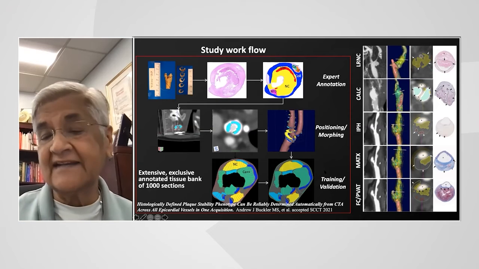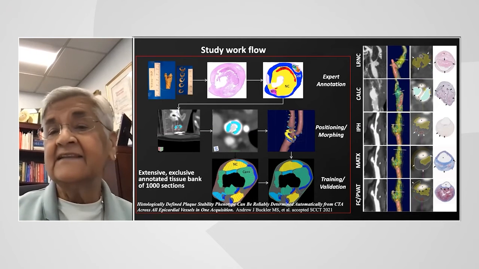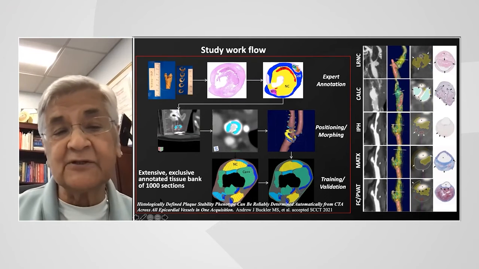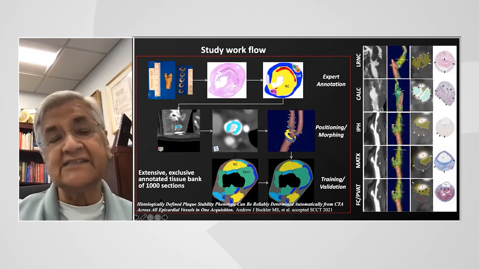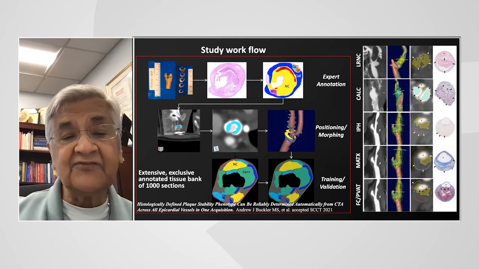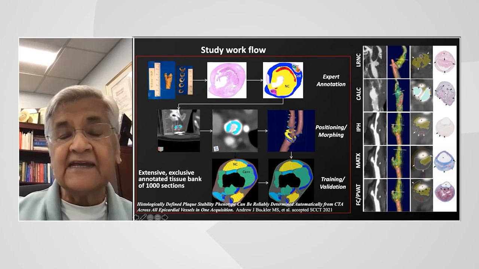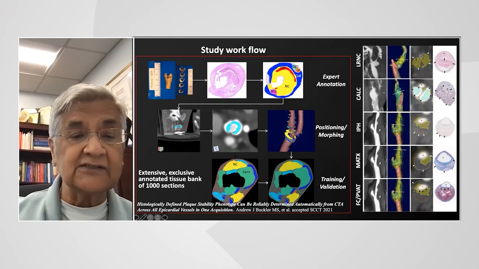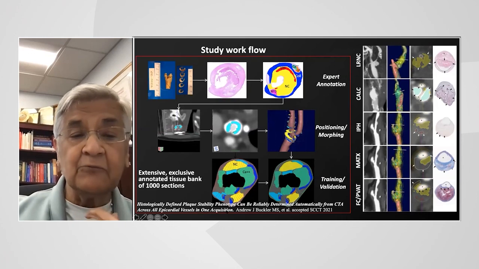So these were identified, and eventually they were read and matched, and it was possible to show that they could read these areas. So histologically defined plaque stability phenotype can be readily determined automatically from the CTA across all epicardial vessels in one acquisition.